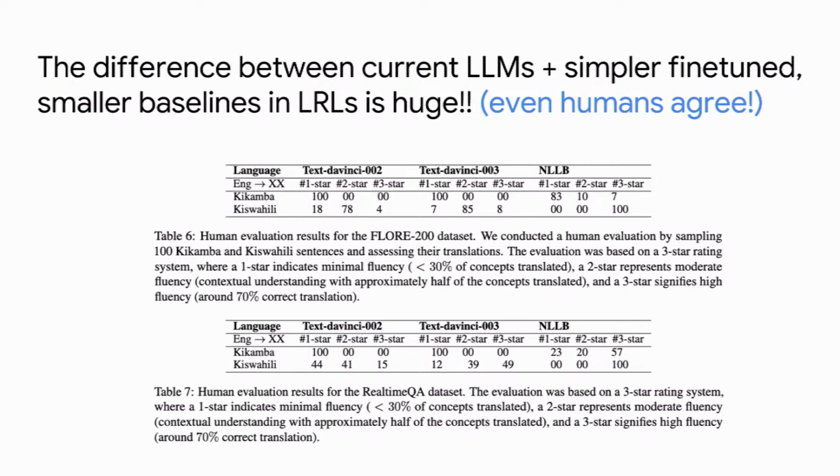It's all 1 stars. However, with NLLB models, even on data sets that are relatively out of distribution, such as the real-time QA data set, which is new data that's being produced every day for question answering, we fed that to our machine translation systems, and it seems like the smaller fine-tuned variant still wins for a lot of these low-resource languages. So how do we fix this?